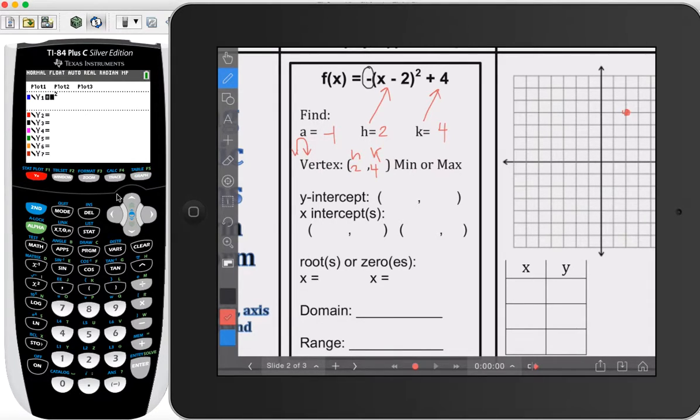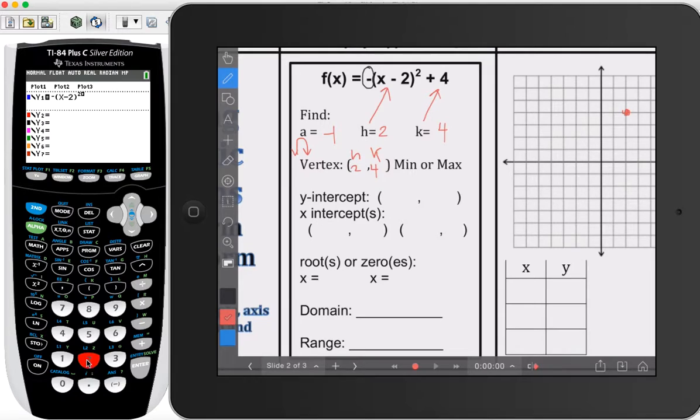So let me go to my graph, clear that. So negative, and then negative, open parentheses, x minus 2 to the power 2, and then move over. Let me delete that.